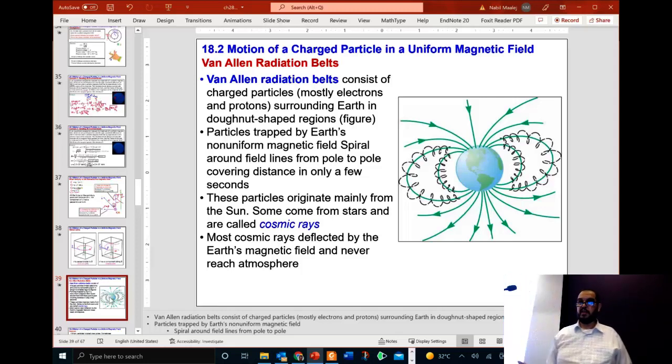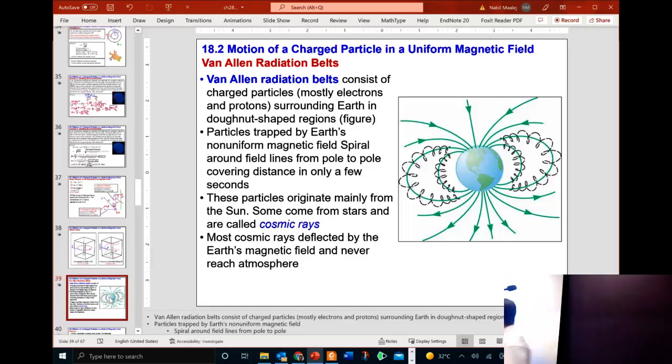These charged particles are trapped in the magnetic field of the Earth. Let's assume this is a proton or an electron, and this is the magnetic field, so it will move in a helix. Here the magnetic field is stronger than there, so the radius here is smaller and larger there, but the particle will go back.